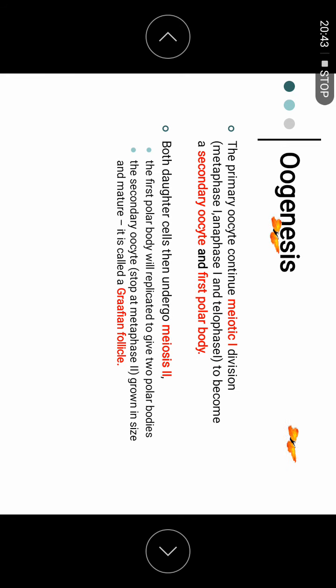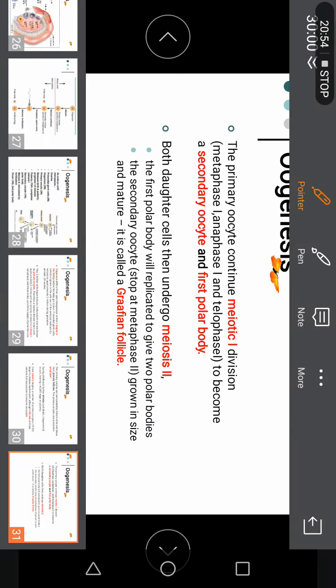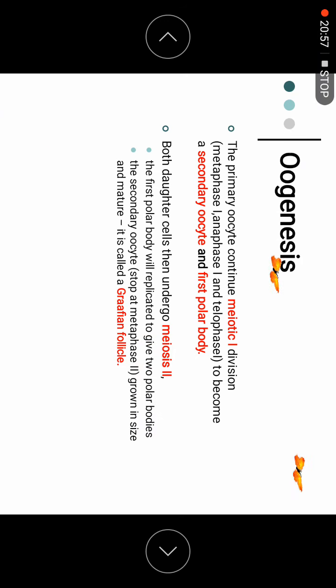The first polar body will replicate into 2 polar bodies. That's why we count 3 just now.